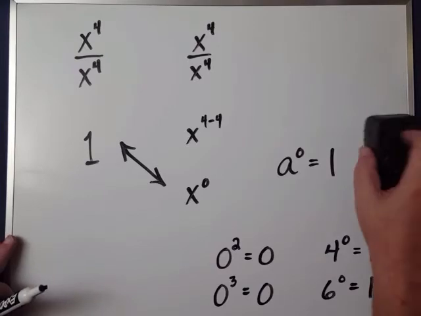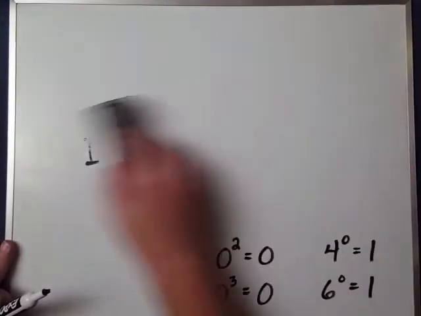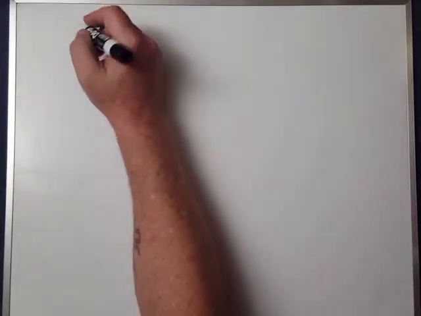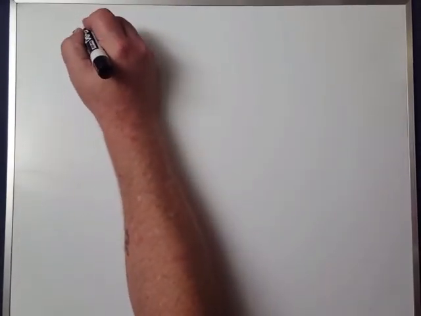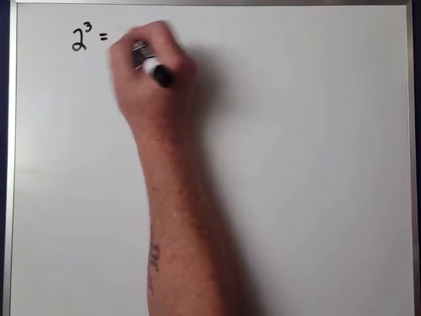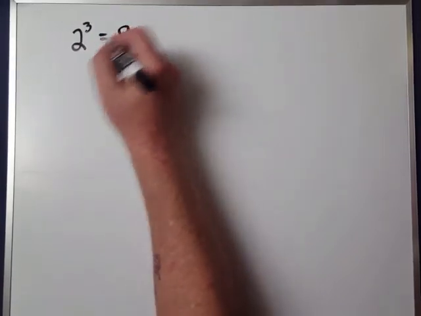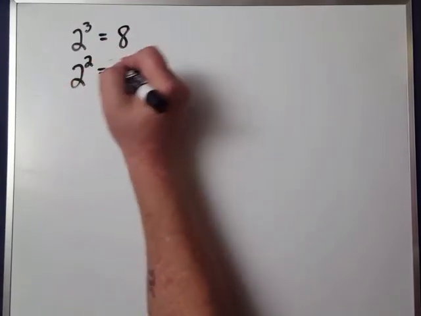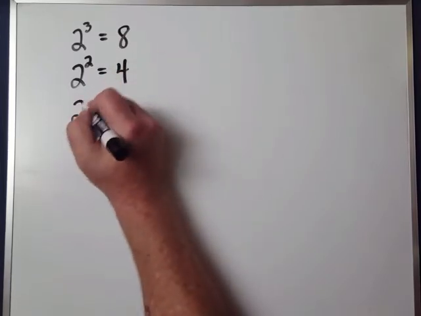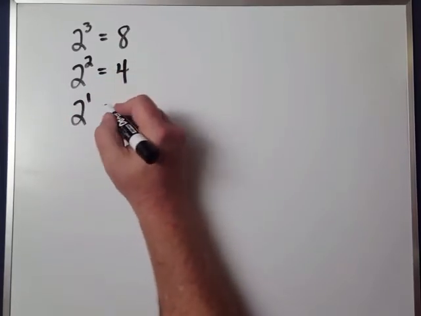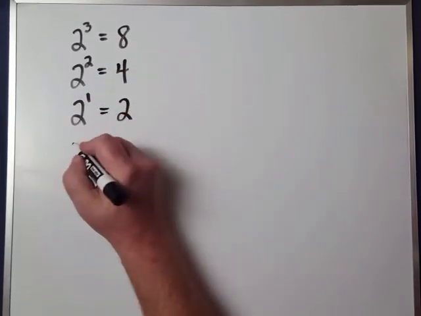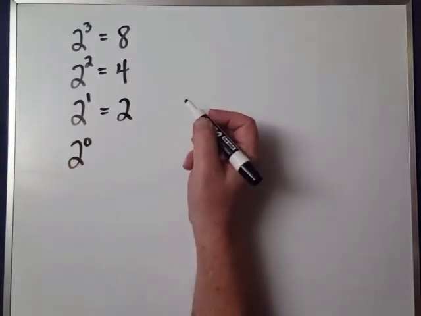I want to see if this all makes sense in the light of some numeric examples. Let's think about this pattern. 2 to the third, 2 times 2 times 2 is 8. 2 squared, 2 times 2 is 4. 2 raised to the first power, one factor of 2 is just 2 itself. 2 raised to the 0 power.